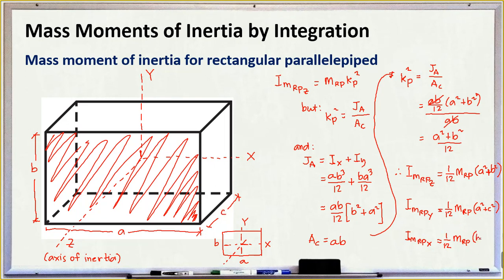So we have b squared plus c squared. Okay, so these are the mass moments of inertia for our rectangular parallelepiped for the three axes x, y, and z. Okay, any questions?